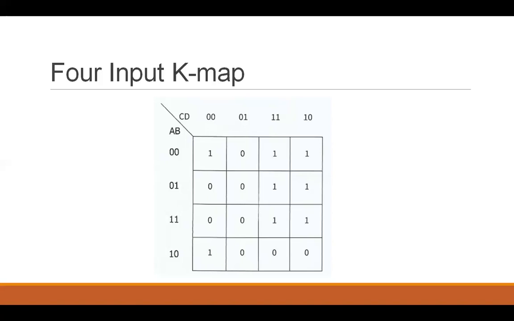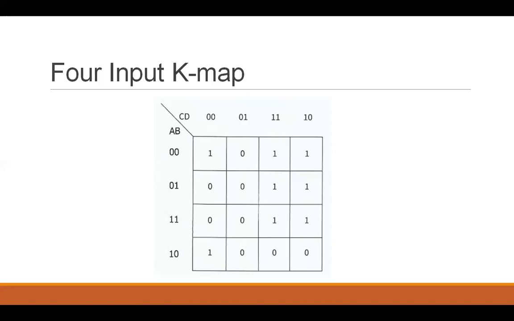Let me just summarize the rules of solving the K-map questions again. Find out how many variables you are having. Take that as the power of 2. That is going to become the number of cells that you are going to have in your K-map. Once you have that, draw a K-map of those many boxes.